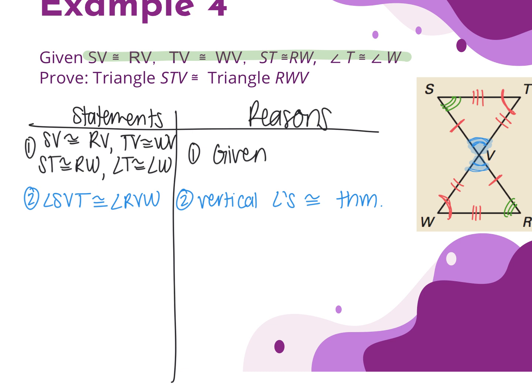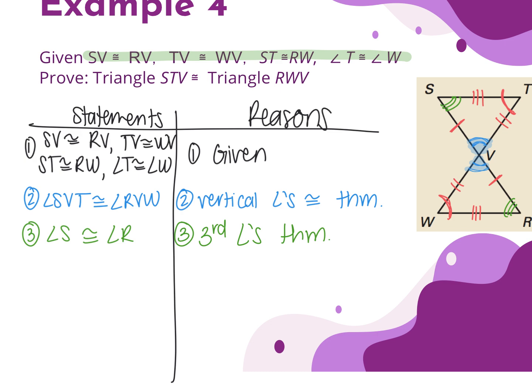Remember what third angles theorem states: if two angles from one triangle are congruent to two angles in another triangle, then the third angle is also congruent. So that's what I'm using for this one. All I have to state now is angle S is congruent to angle R by third angles theorem.